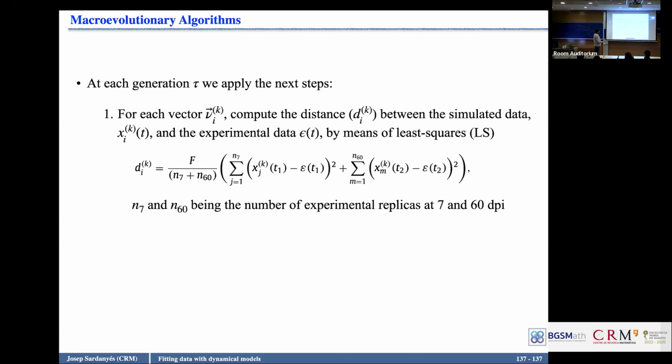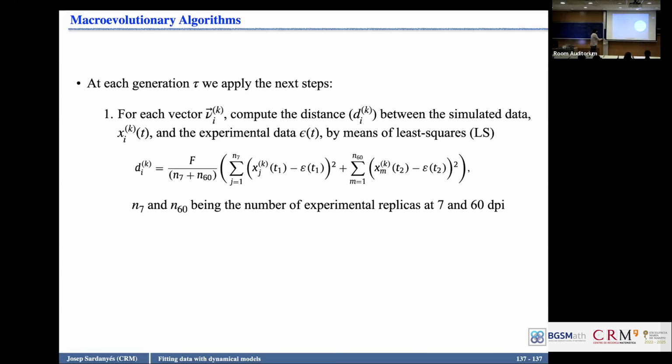means of least squares. So we have 3 time points in days, but for each time point we have several replicates. So it's not so dramatic, the situation.